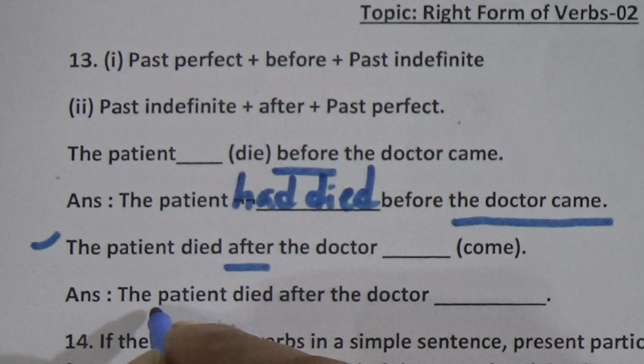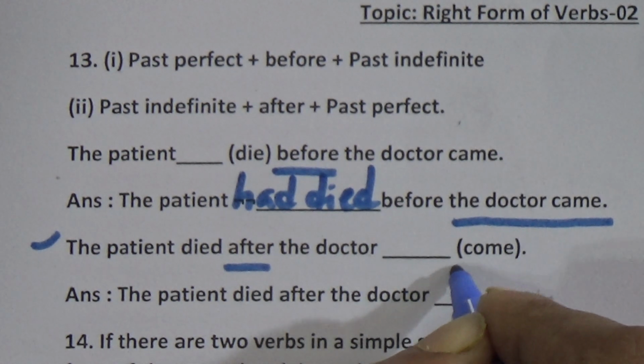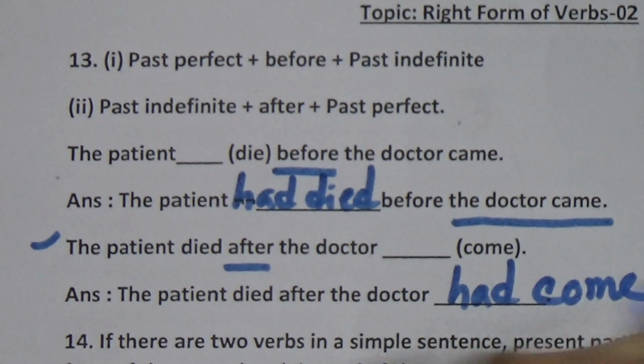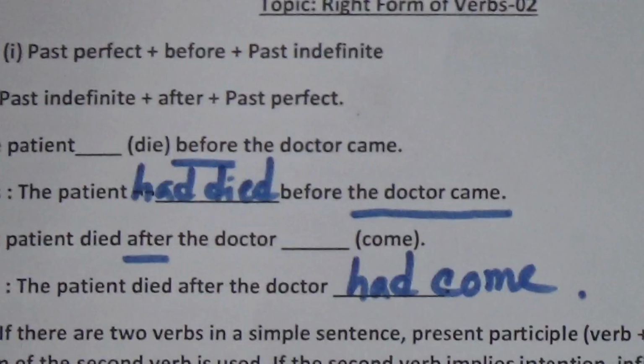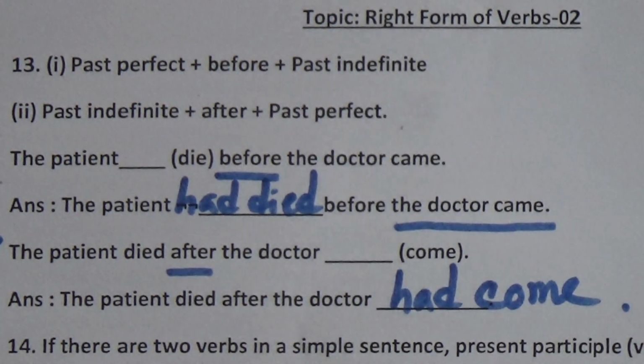So the answer will be the patient died after the doctor had come. We know the structure of past perfect: subject plus had plus the past participle form of the main verb. So the past participle of the main verb will be come, came and come.